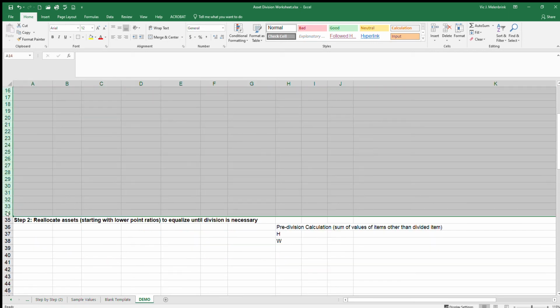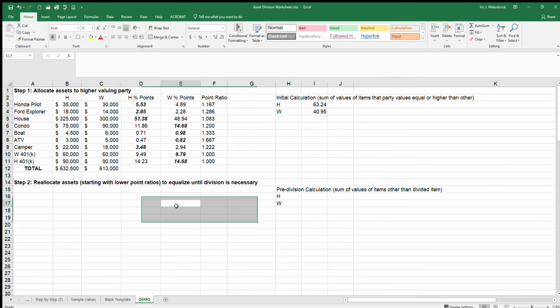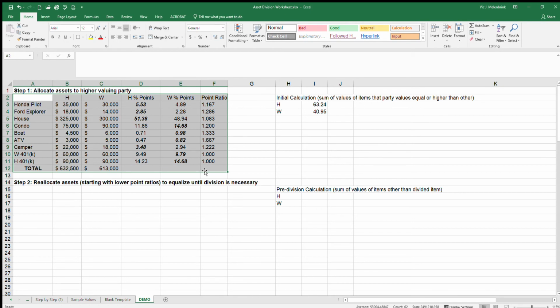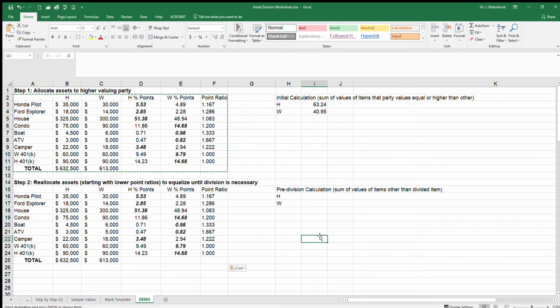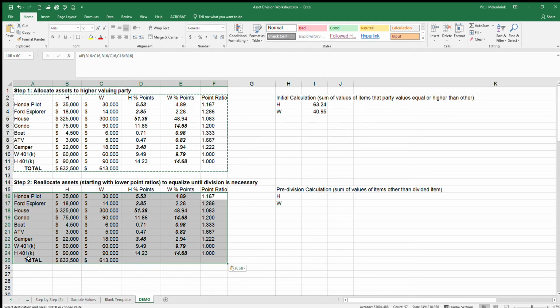I'm going to delete these and bring step 2 up. I'm going to take all of these items, a whole set of stuff, copy it and paste it right there, so I'll have all this information. What I need to do now is sort by the point ratios.